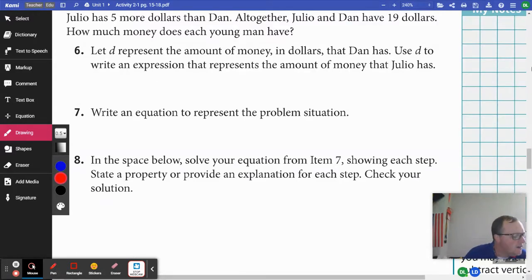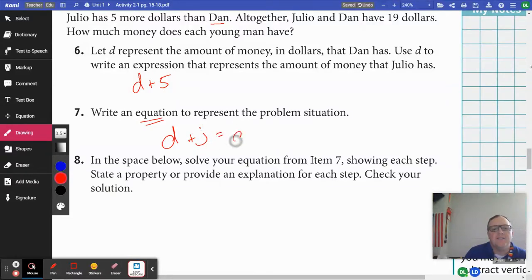All right, so if D represents Dan, and Julio has $5 more than Dan, so whatever Dan has, Julio would have 5 more. So write an equation to represent the solution. You have whatever Dan has, plus whatever Julio has.